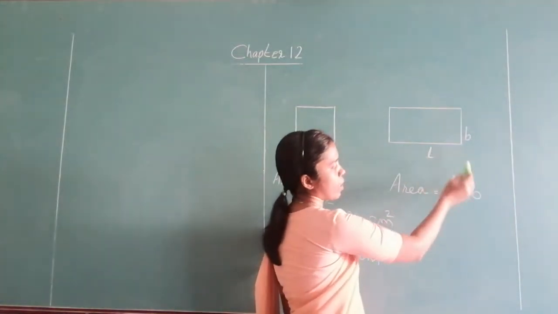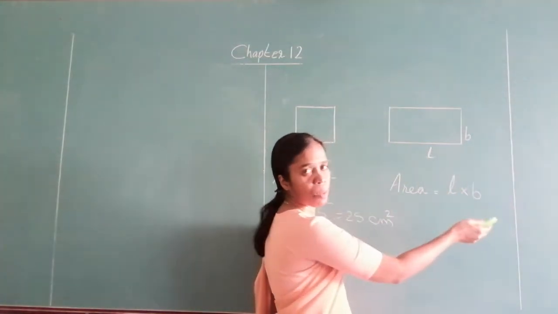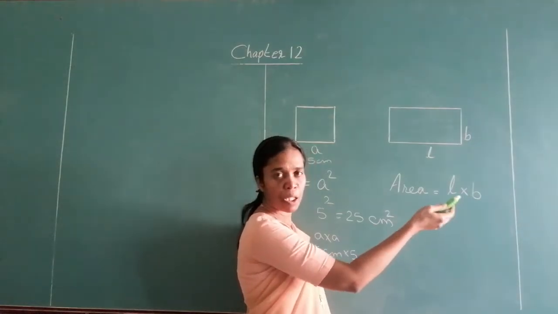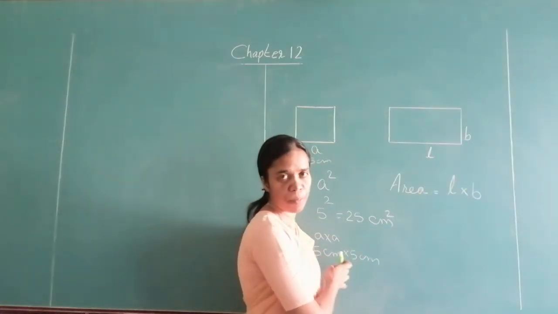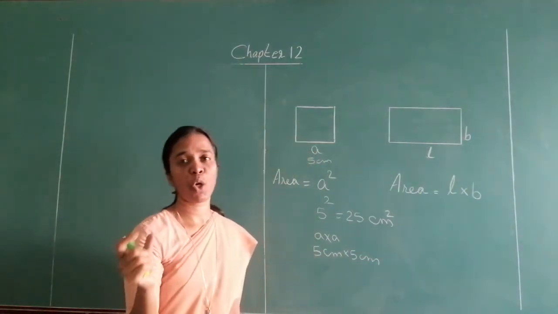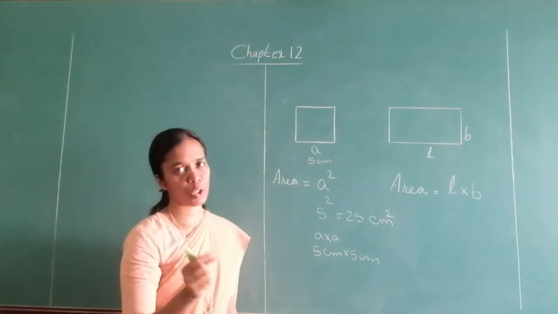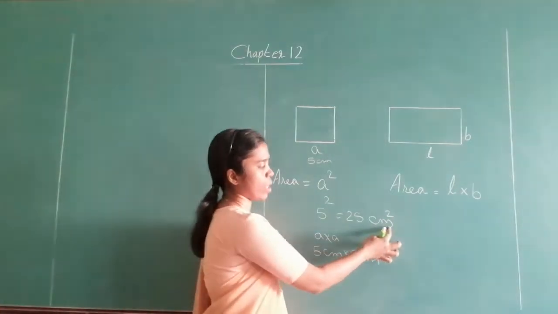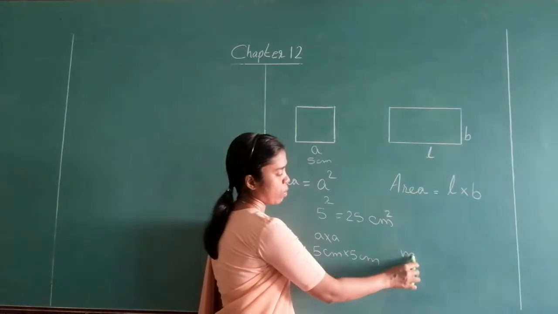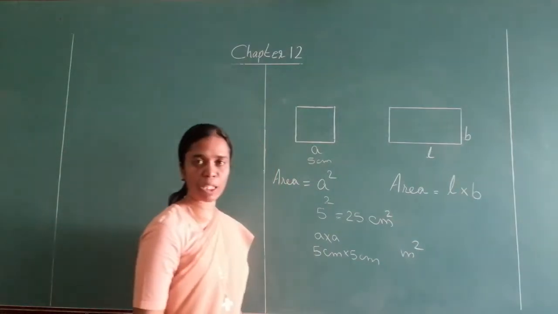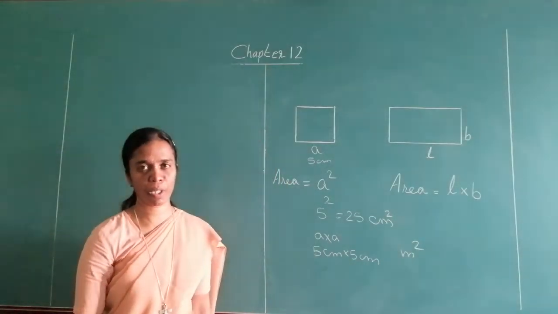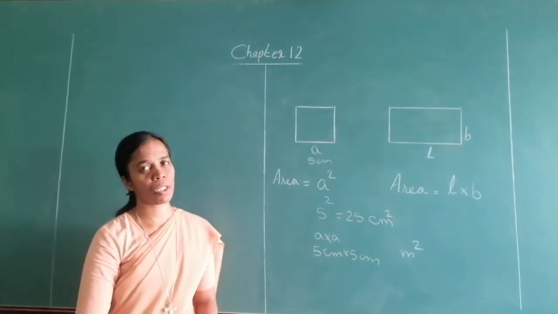Again, if length is in centimeter, you will have centimeter into centimeter, centimeter square; meter into meter, meter square. So again, the unit of area is squared, whether centimeter square, meter square, or kilometer square. And these two formulas you have to learn by heart.